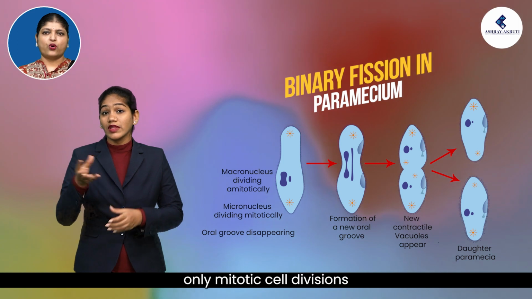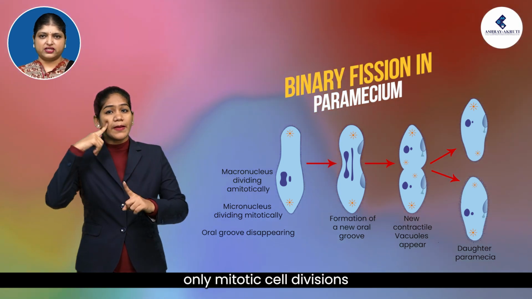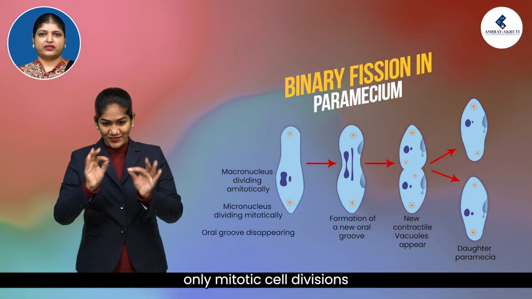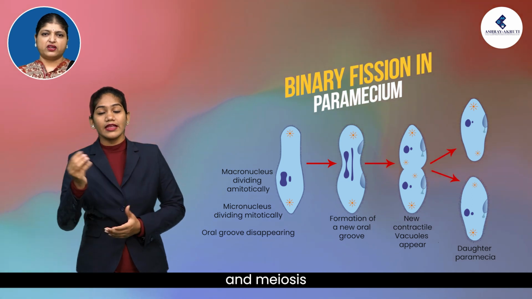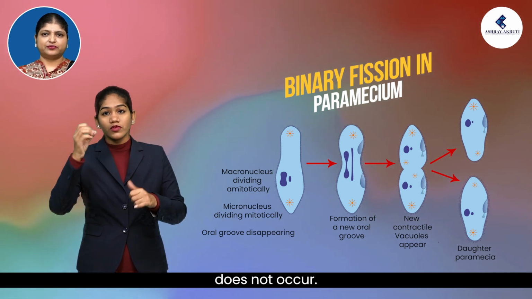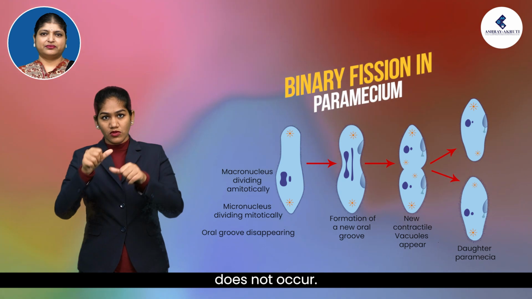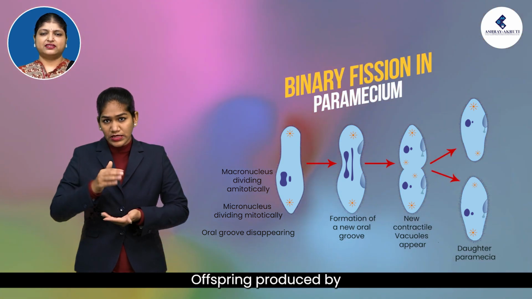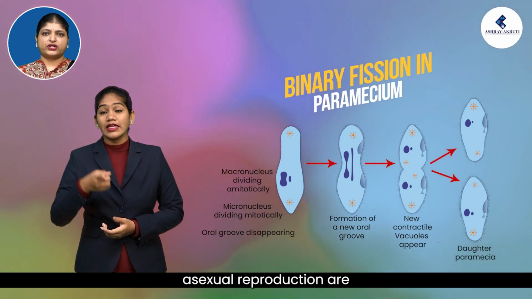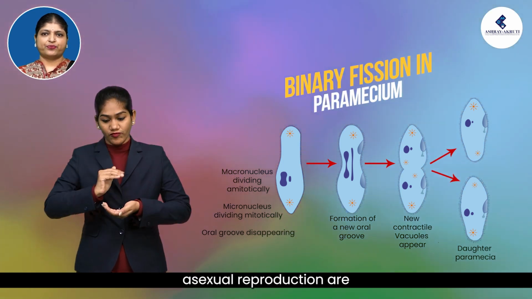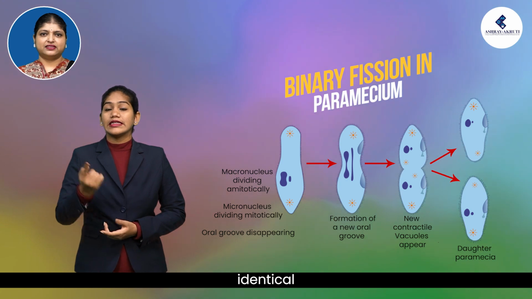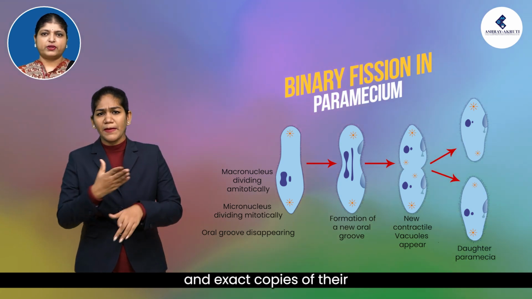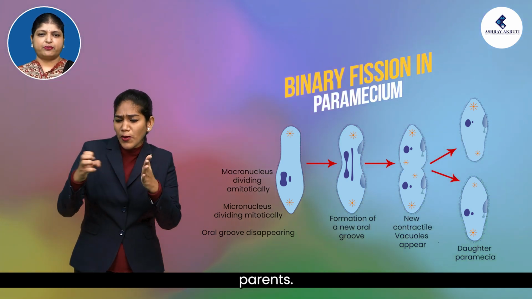It involves only mitotic cell divisions and meiosis does not occur. Offspring produced by asexual reproduction are identical and exact copies of their parents.